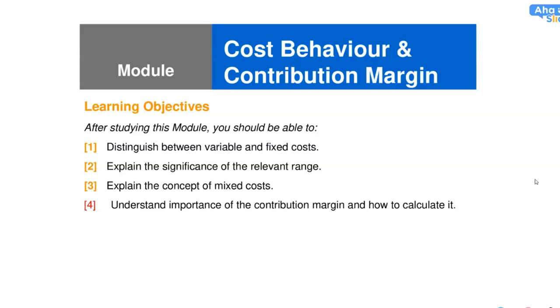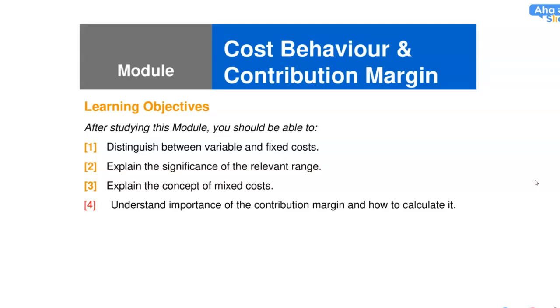And selling and admin were the period costs. So we're looking at all the costs, and we take a look at manufacturing overhead, all the costs involved in manufacturing overhead. And we now want to distinguish between these costs as to which costs are variable, and we'll define a variable cost, and which costs are fixed.